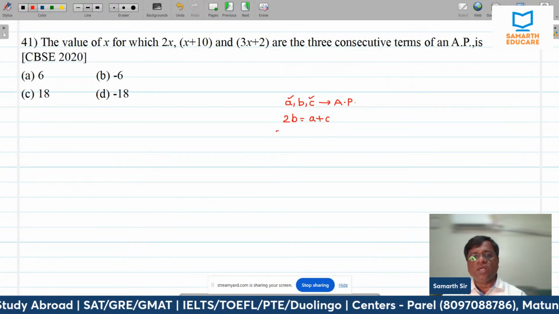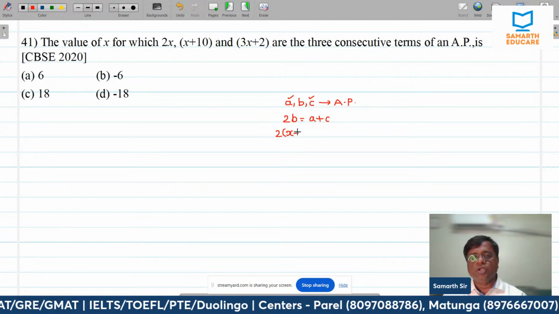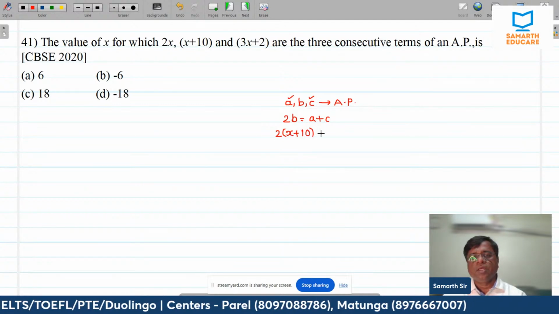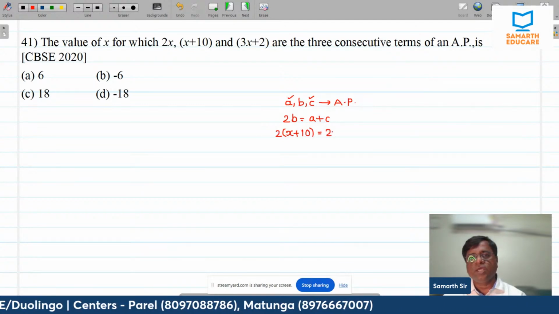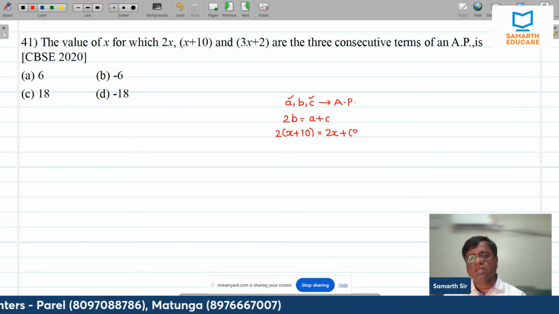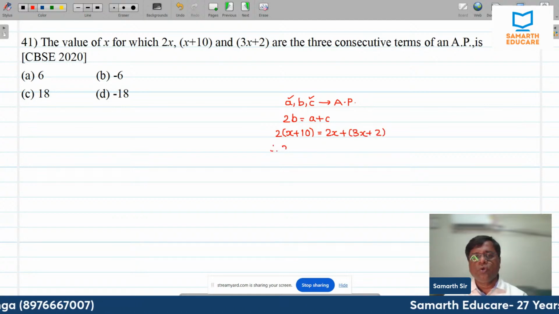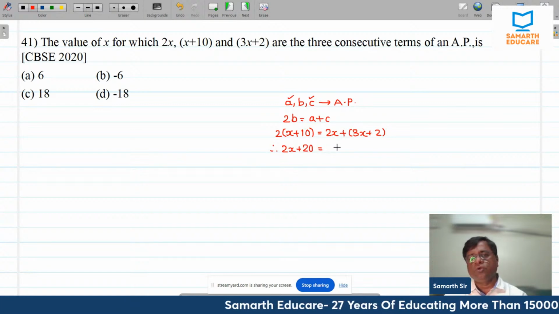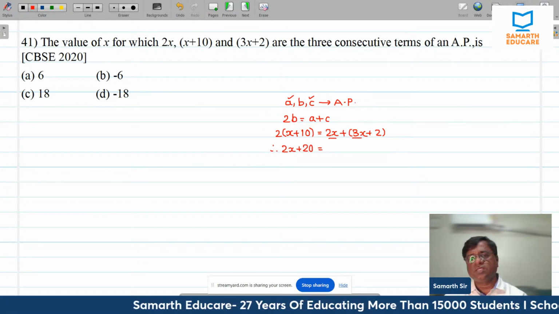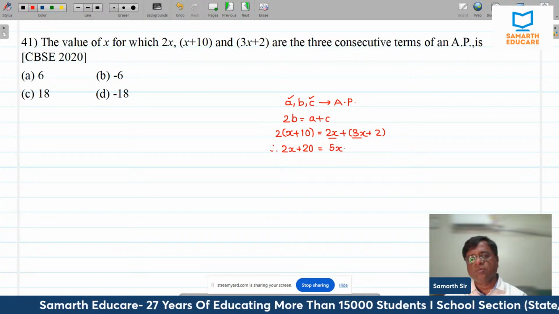So here twice the middle term, that is 2 into x plus 10, is the sum of the extremes, that is 2x plus the other extreme, 3x plus 2. Now 2x plus 20 is equal to 2x plus 3x, that is 5x plus 2.